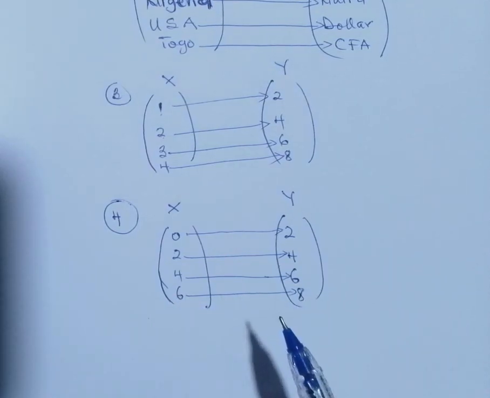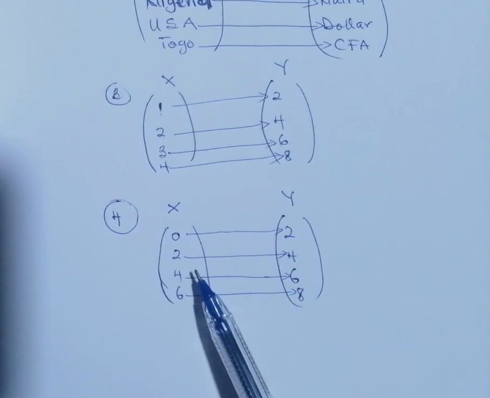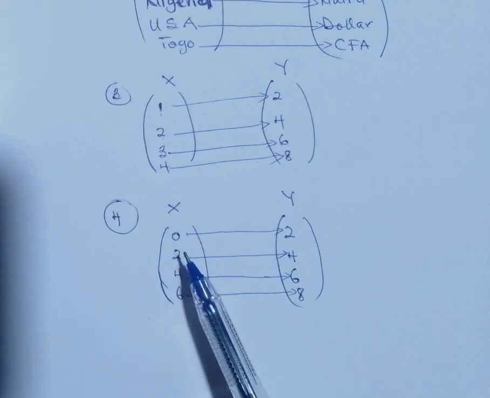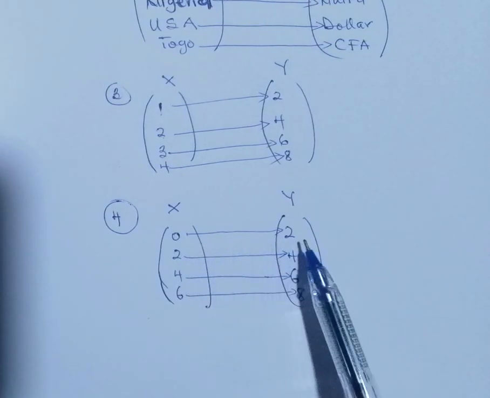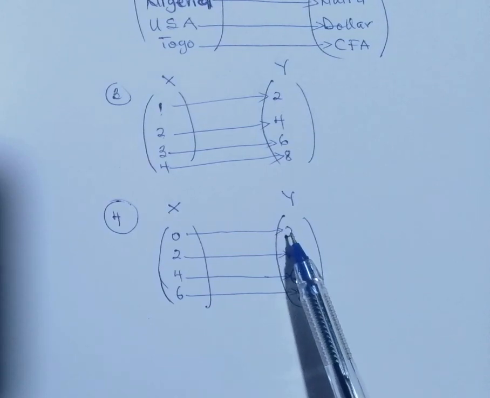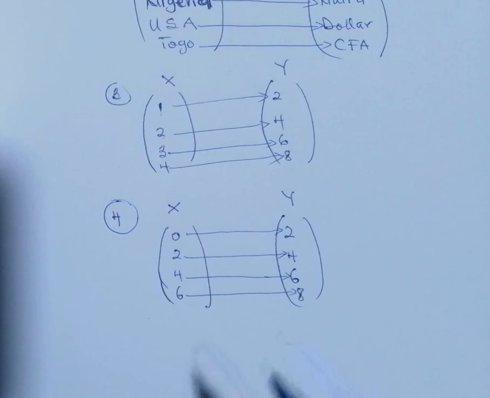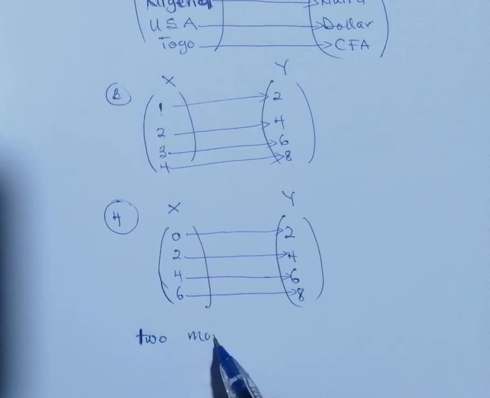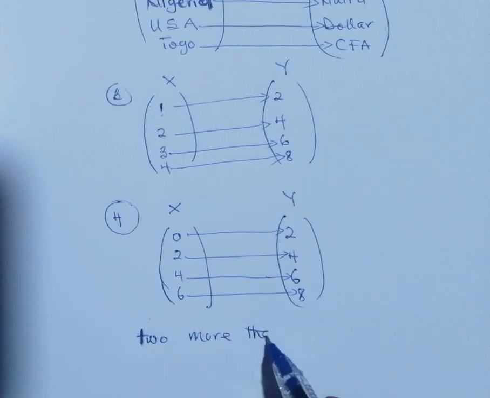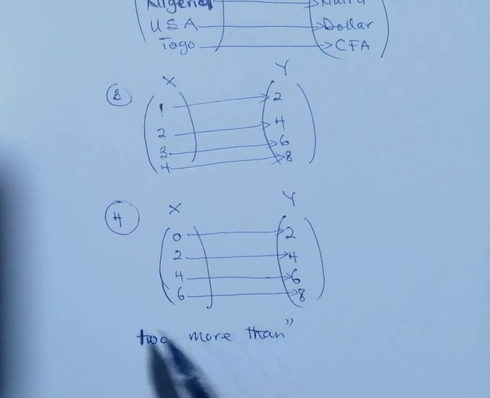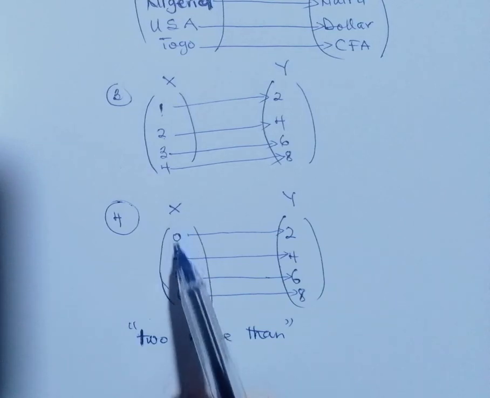8. Great. So this means that the rule can be 2 more than, meaning if I add 2 to the X values, I will get the Y values. So the rule can be 2 more than. Yes, that is the rule. 2 more than what? 2 more than the X values.